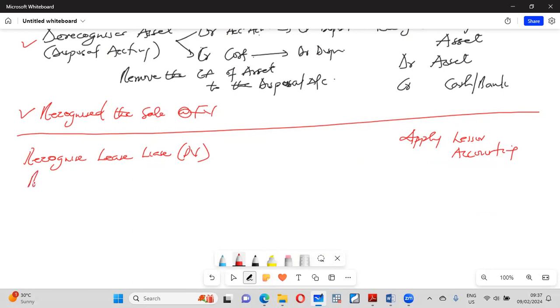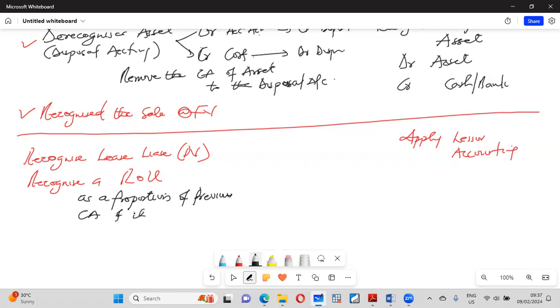Then you also recognize what? A right of use asset. Now, unlike the first one I did in the video from an FR perspective, the right of use asset over here is recognized at a proportion of the previous carrying amount of the asset.